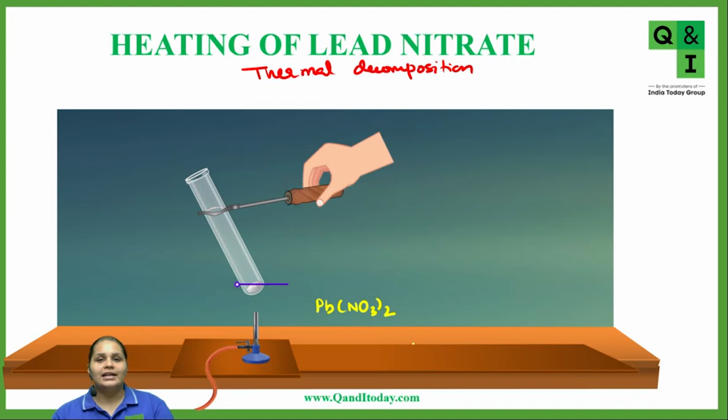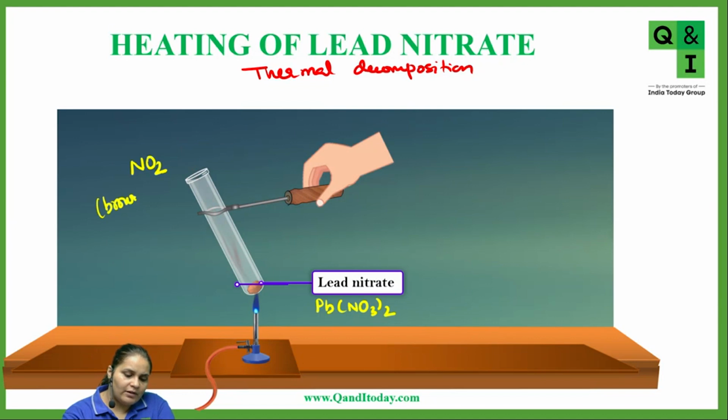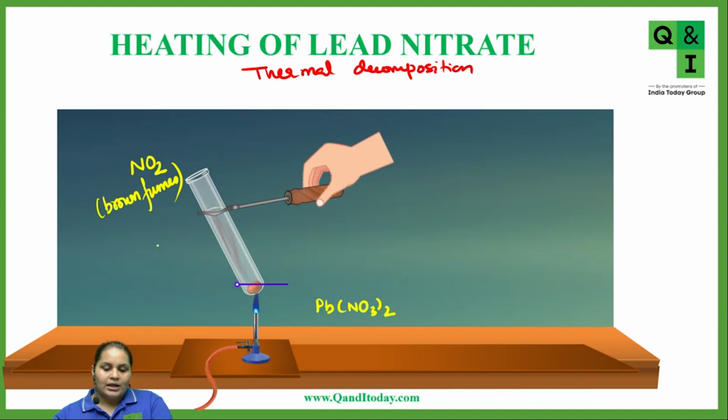When you start heating it in a dry test tube, you find brown fumes coming out of it, and those brown fumes are nothing but nitrogen dioxide gas. So always remember, whenever you have brown fumes, they will be of NO2 gas. It means some reaction has occurred.